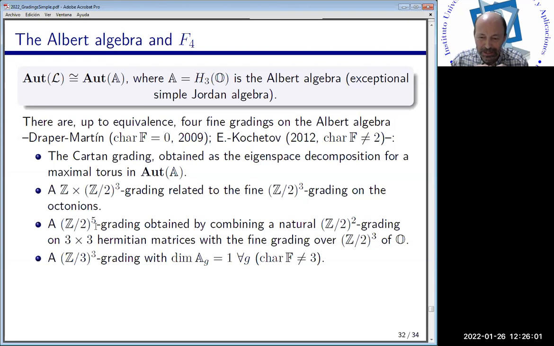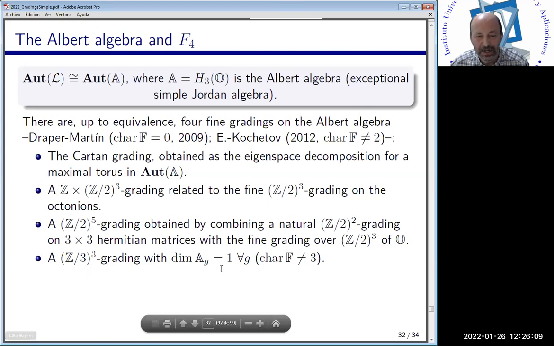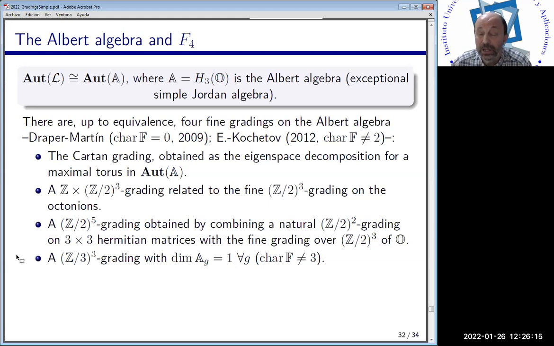And then using a cyclic symmetry of these 3 copies of the Okubo algebra, one gets another copy of the integers modulo 3 and gets a very nice fine grading of the Albert algebra where all the homogeneous components have dimension 1. And this means that we can express the Albert algebra as a kind of twisted group algebra over this group.